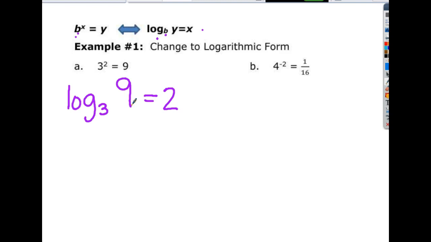Let me also point out that on your scientific calculator there on your desk, it has a log button. You cannot use it on this problem, because on the calculator it is log base 10. The only thing I can use the calculator for is log base 10 or log base e, and we aren't even going to talk about log base e. They're going to do that next year in pre-cal.